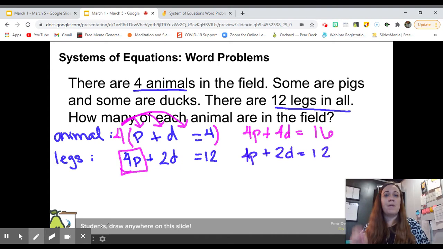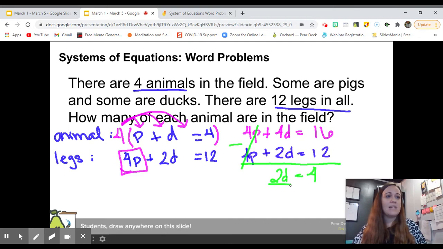And now, in order to eliminate, we need to decide whether we are adding or subtracting. I wanted to eliminate the P's. If I was to add, that would be 4 plus 4, and that's 8. That's not eliminating anything. We need it to be 0. 4 minus 4, though, is 0. So let's go ahead and subtract our equations. So 4D minus 2D is 2D, and 16 minus 12 is 4.